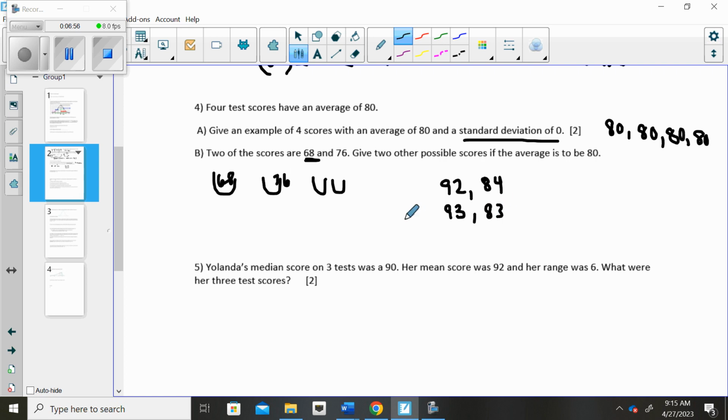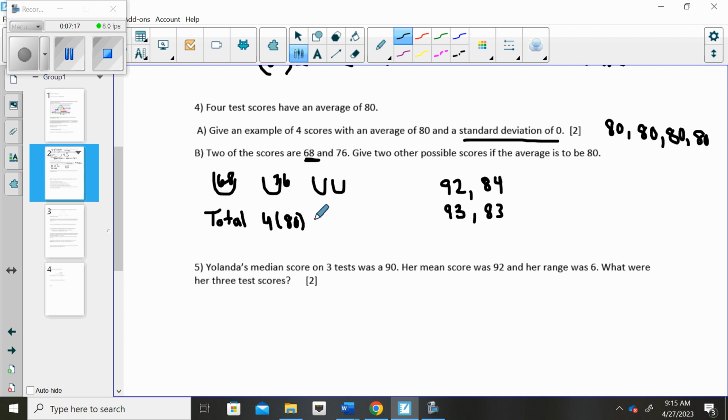Okay, or another way to think of this is if these cups have to average out to 80, I need to have a total number of points. Right? The total points earned by all 4 has to be 4 times 80, which is 320.